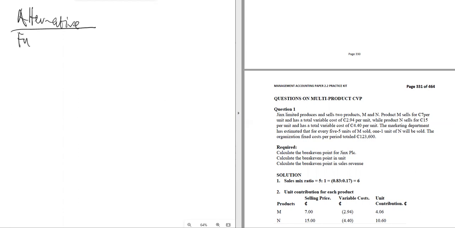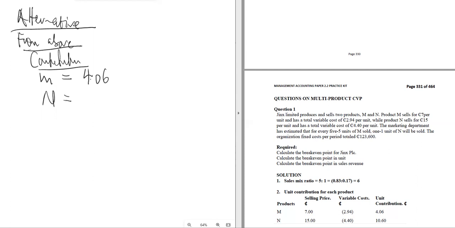So I can say from above, I knew that the contribution for M was 4.06, and then for N, the contribution was 10.6.